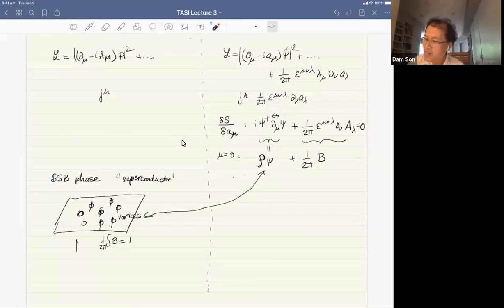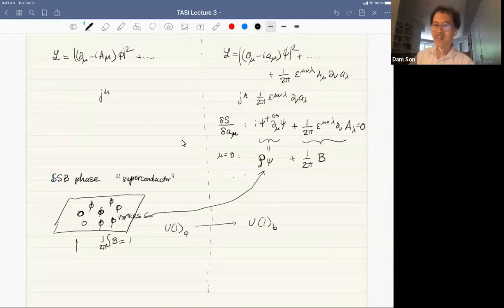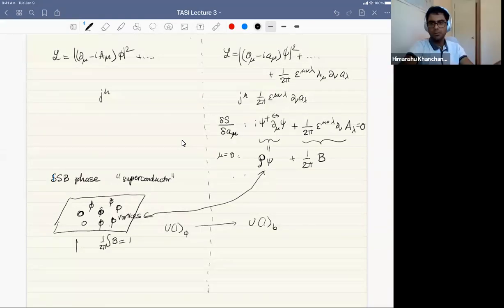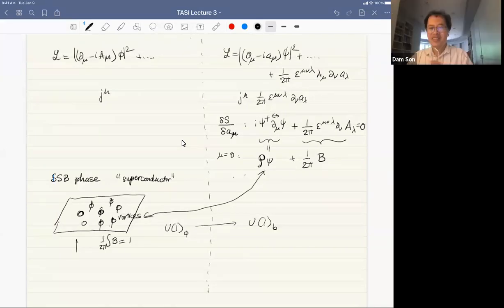So the U1 generated by phi is mapped to a U1 carried by B on the other side. But the other U1, the U1 with psi, is gauged. It's not a global symmetry. Okay, thanks.